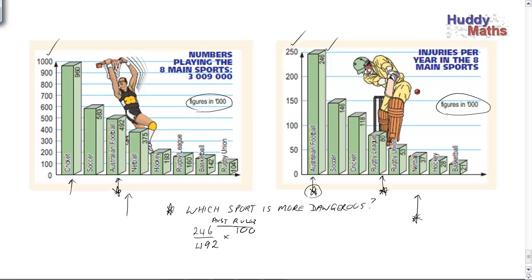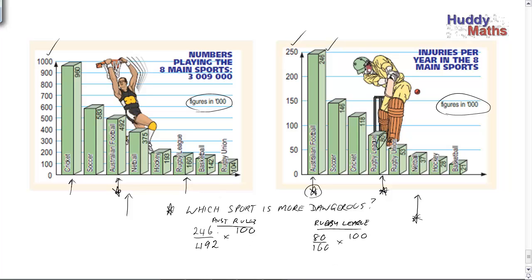Australian rules is down here for number of people playing. And if we compared it to rugby league over here, we've got to watch these columns. I nearly went the wrong way there. Rugby league is 80 out of how many people playing it? There it is there, 160. Let's compare using percentages.